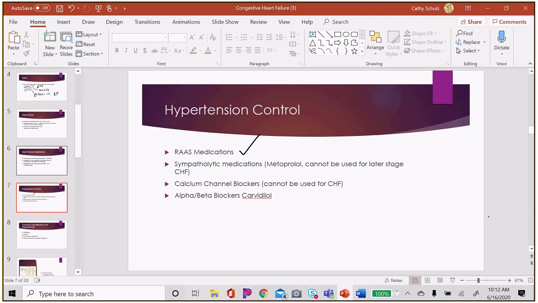However, we know that metoprolol also can decrease the strength of contraction of the heart because it's supposed to just change the heart rate, but it can do that too. And so if the person has bad heart failure, we don't really want to give metoprolol. And we cannot use the calcium channel blockers for congestive heart failure because they could affect the muscle function of the heart as well. So the best choice is lisinopril or losartan.